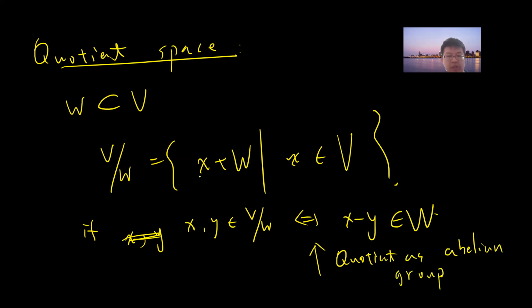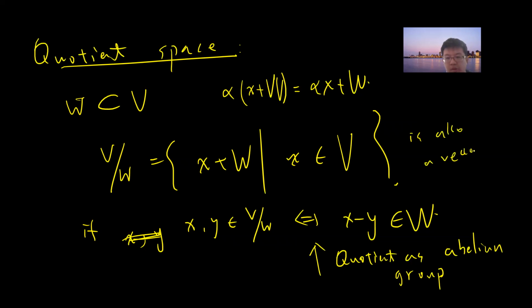And the multiplication is also simple. Alpha times (x plus W) is just alpha x plus W. So this is also a vector space. This is called a quotient space.